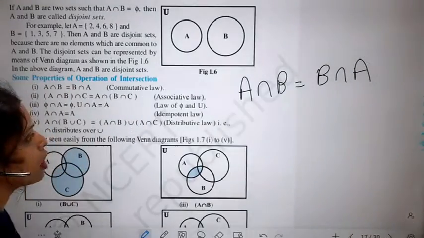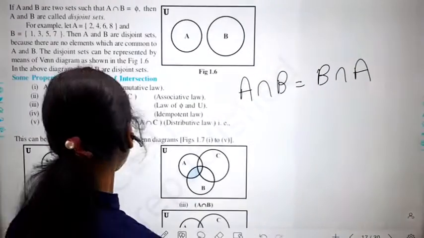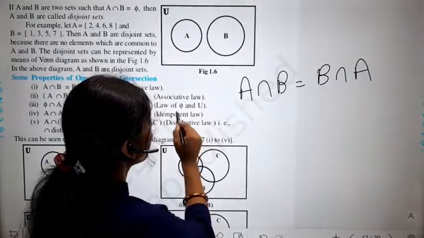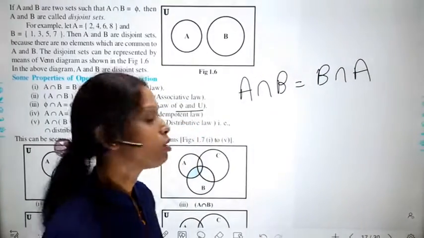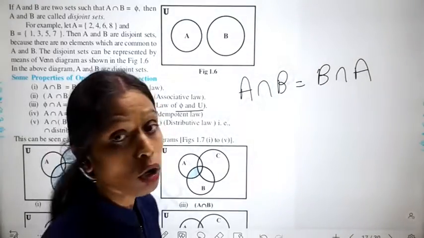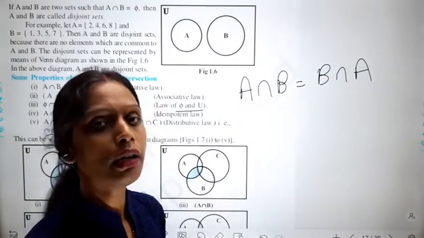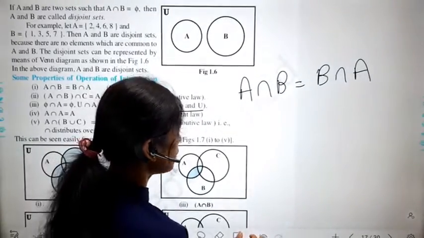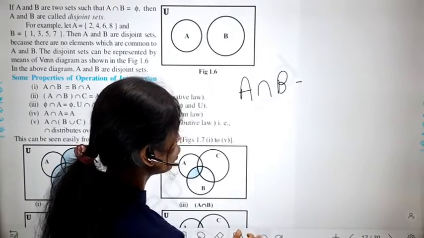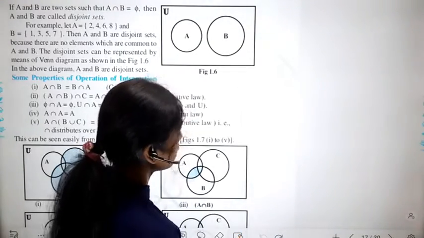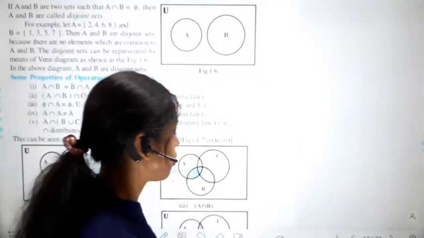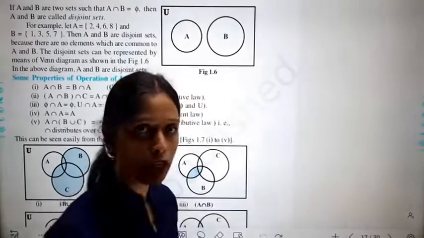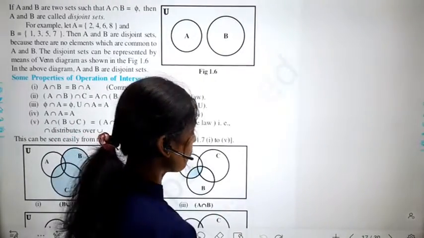The third one is the law of universe, the laws of phi and U, which also hold good, and the distributive law also holds good in intersection. Then I think you have understood the notion of intersection and the properties that hold good in it, in a crystal clear manner.